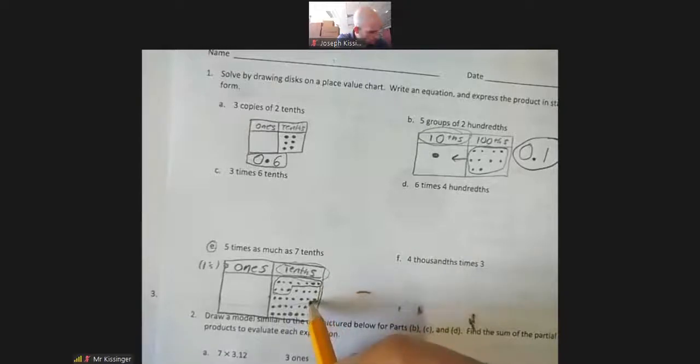Then we need 6 more. So we'll go here. We have 2 ones. And then we have 1, 2, 3, 4, 5, 6, 7, 8, 9, 10. So we have, actually, yeah, we'll do it this way.